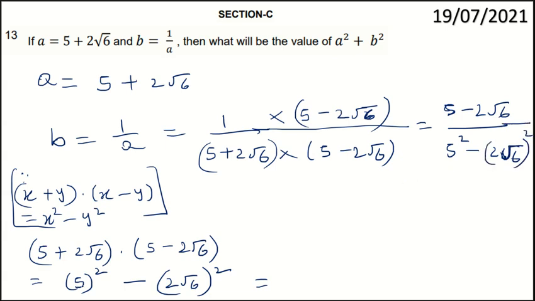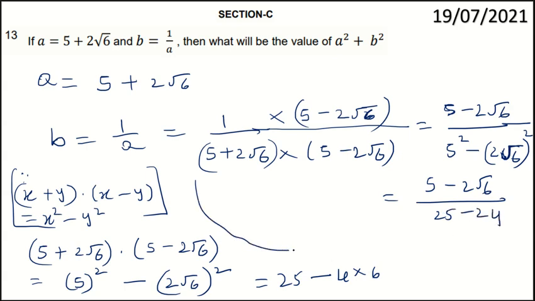Now, how to find: 5 square is 25, and 2 root 6 square is 2 square, which is 4, into root 6 square, which is 6. 4 sixes are 24, that means 5 minus 2 root 6 upon 25 minus 24 will come as the denominator, where 25 minus 24 is 1.